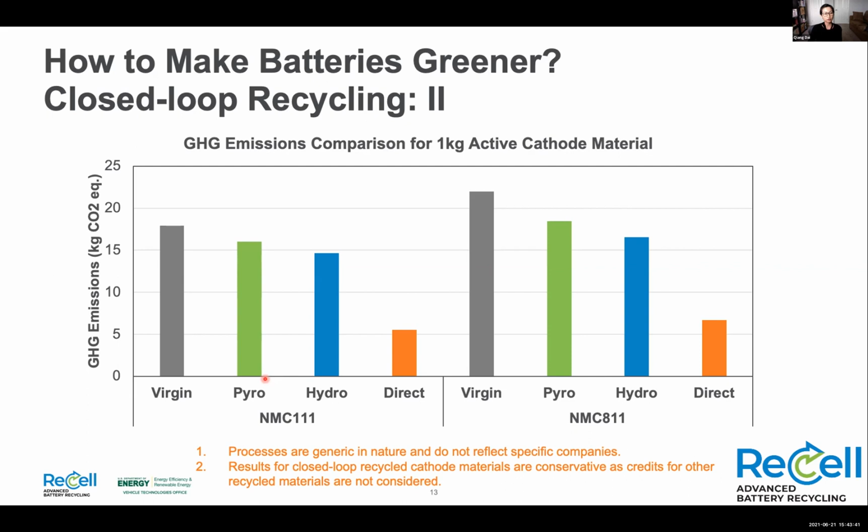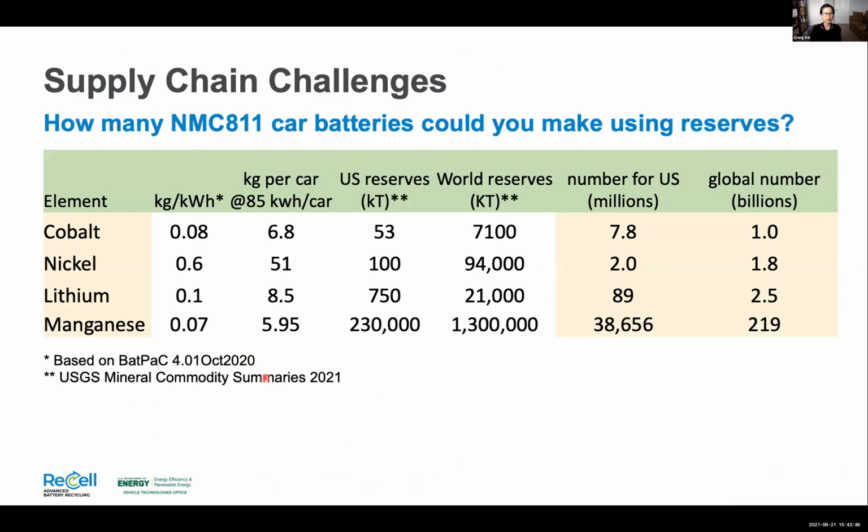In addition to environmental impacts, battery production also faces supply chain challenges. So we did some quick analysis trying to understand, with current reserves, how many car batteries we can potentially produce. As you can see, there is very little cobalt, nickel, and lithium in the US.